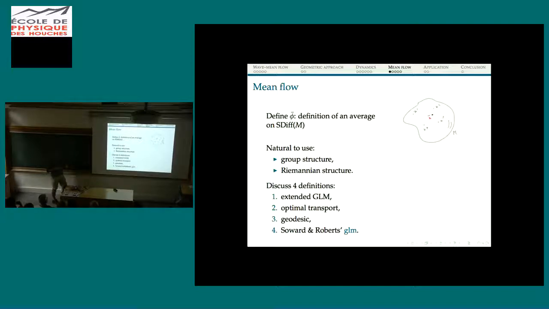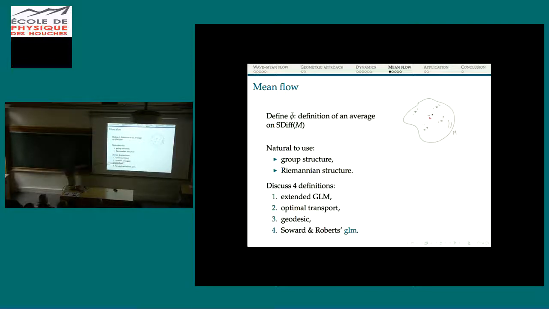To find something more intrinsic, we can use two things. This manifold, the group of volume preserving diffeomorphisms, is a group, so there's a natural operation to compose maps, and it's also Riemannian. I've shown you a distance, the one used by Arnold. Here I want to discuss, maybe a bit ambitiously, 4 different definitions. One is a kind of desperate attempt to recover GLM, the classical one, but in a way which is coordinate independent, so that at least in Euclidean space we agree.